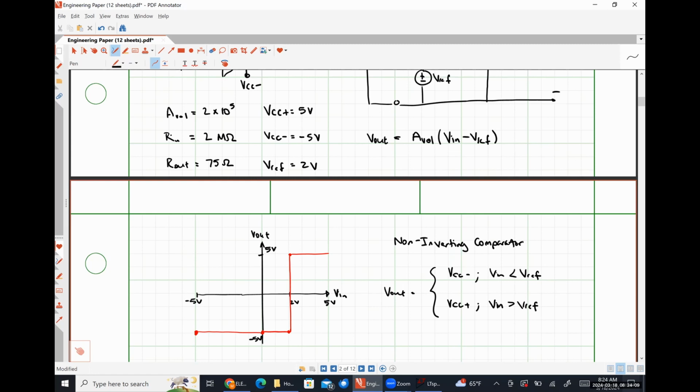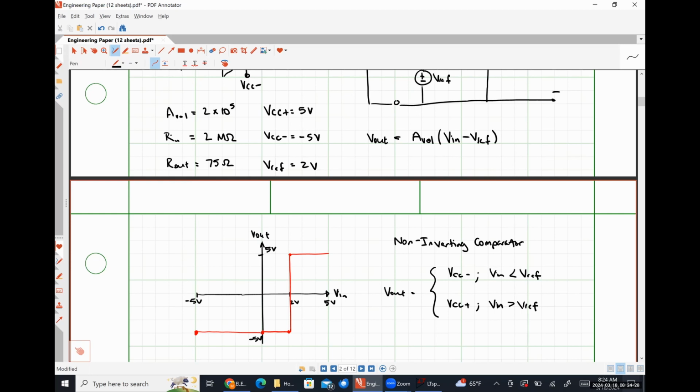So can anybody think of an application where we might use something like this? Really, it's just whenever we want to compare a signal to a particular reference. And sometimes that reference can be zero.